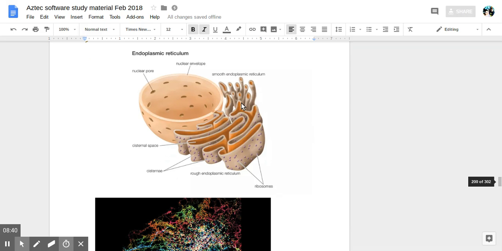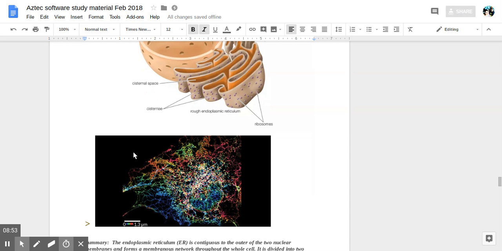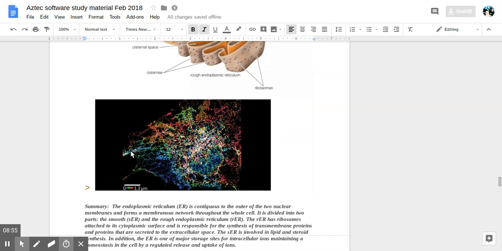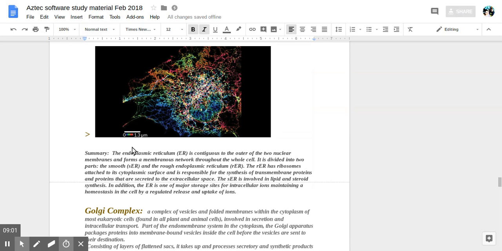Again, showing the ER, the rough and the smooth, cisternal space between cisternae, nuclear pore, nuclear envelope. The ER is a contiguous membrane connected to the outer of the two nuclear membranes, and forms a membranous network throughout the whole cell, divided into two parts, smooth and rough.